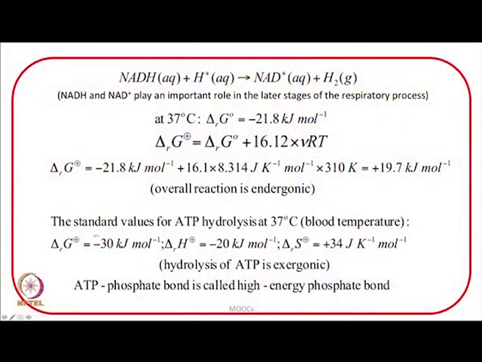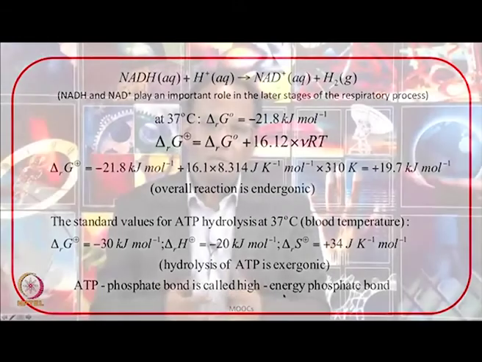And since this delta R G, that is the biological standard reaction Gibbs energy, is very negative, the hydrolysis of ATP thus we can label as highly exergonic, that is why this ATP phosphate bond is called high energy bond. The reaction is so highly exergonic that it can drive the other endergonic, non-spontaneous processes.